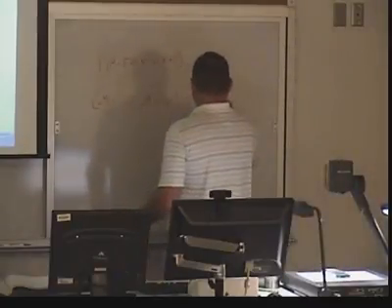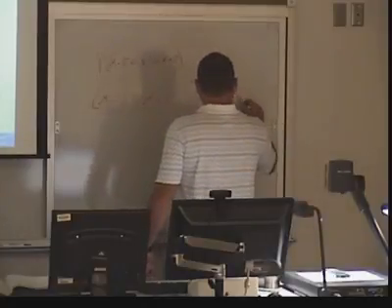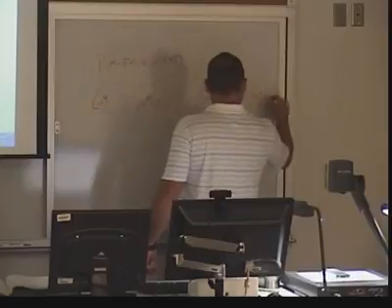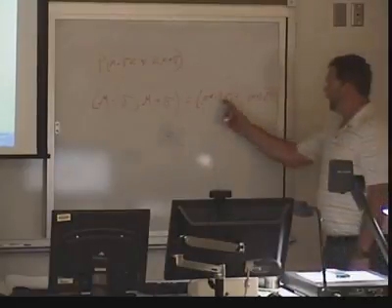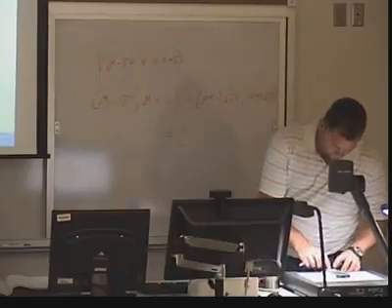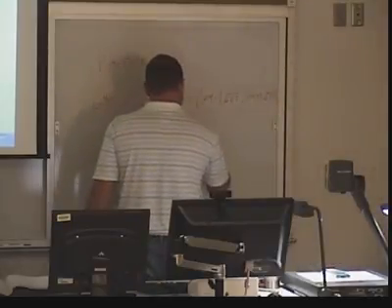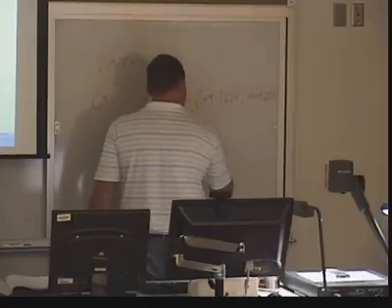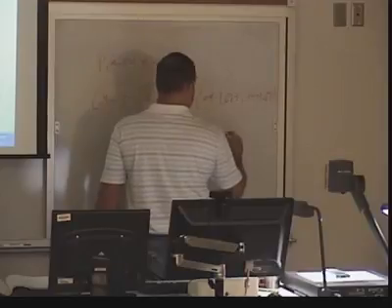So mu minus sigma is going to be 0.04 minus 1.697, comma, 0.04 plus 1.697. So 0.04 minus 1.697 is negative 1.657, comma, 1.701.